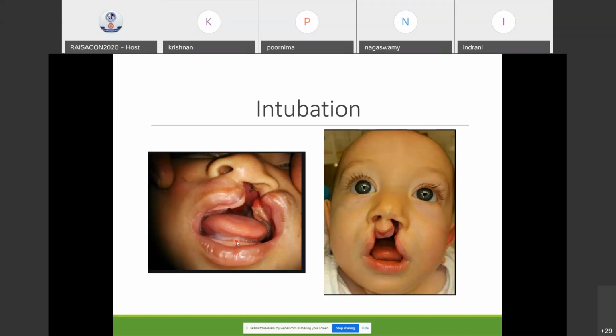I would like to use inhalational induction for the patient, sir. Tell me, how will you do that? Yes, sir. I will try to put an intravenous line for the patient in the awake state, sir.